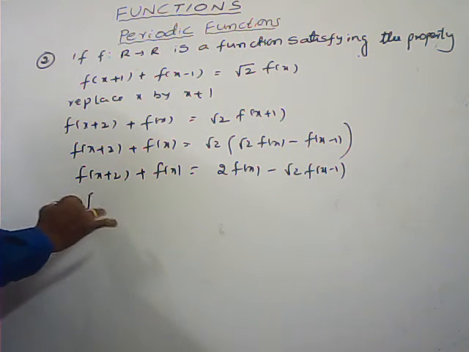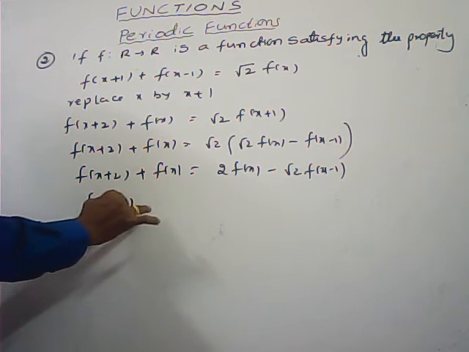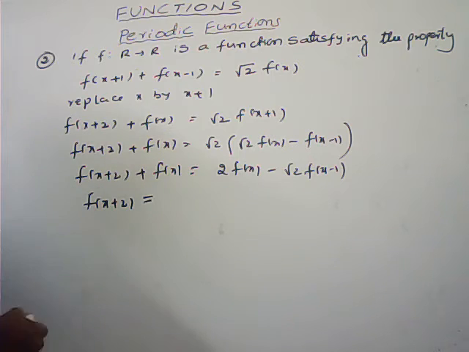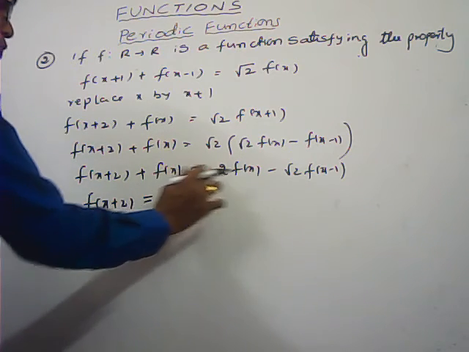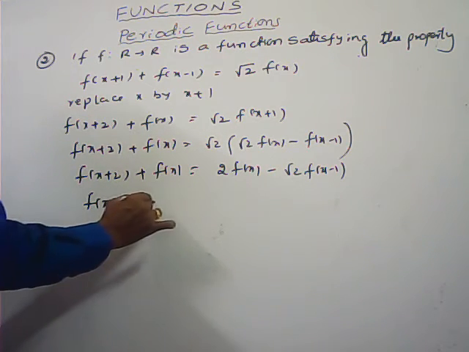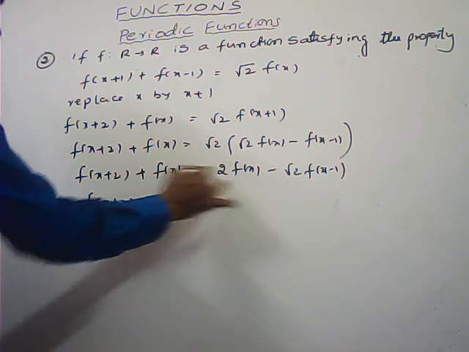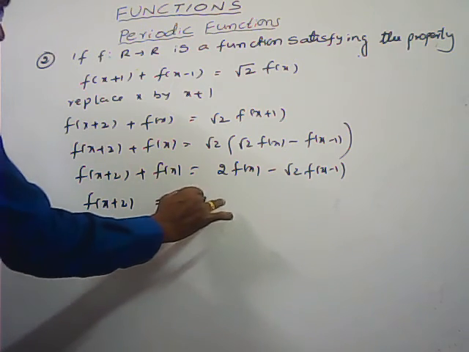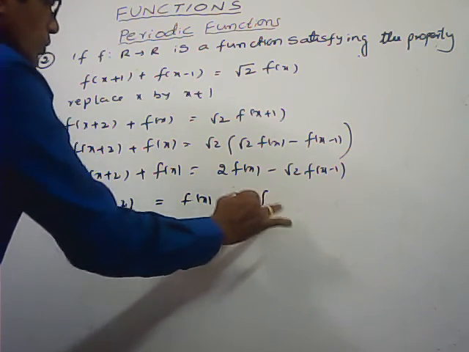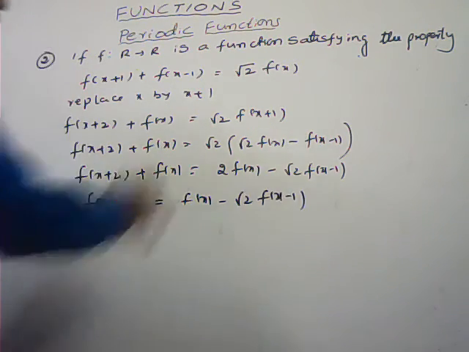Now f of x plus 2 is equal to, transferring this one to that side, 2 f of x minus f of x, that is f of x minus root 2 into f of x minus 1.